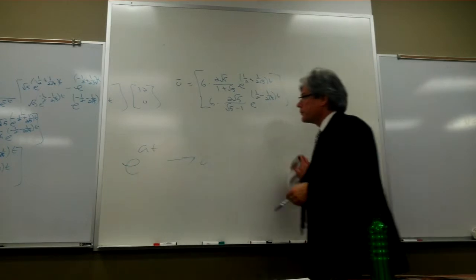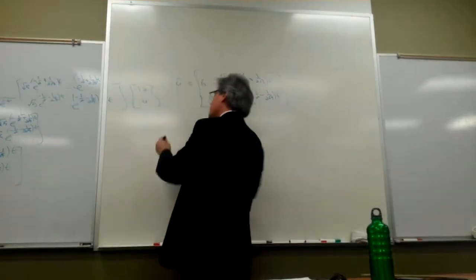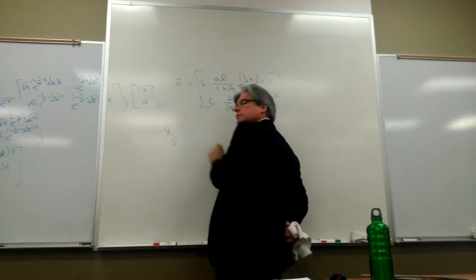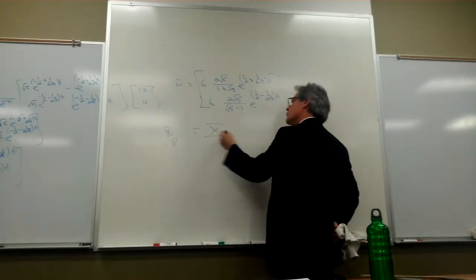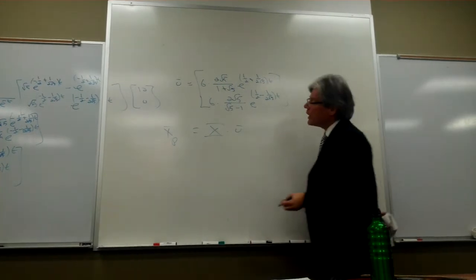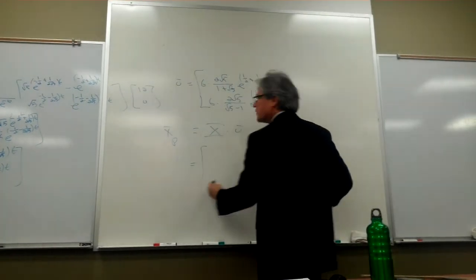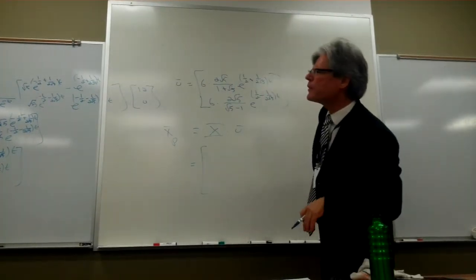I think I'm ready. Now I think my particular solution can be expressed as nothing more than the product of my fundamental matrix times my u-bar, which I think in this example is, gosh, it's been too long. It's been a few minutes. My fundamental matrix is the following.